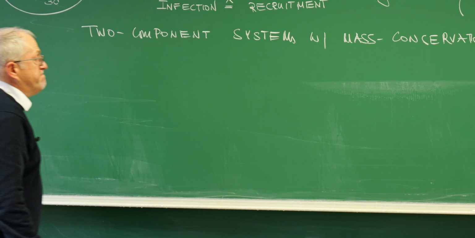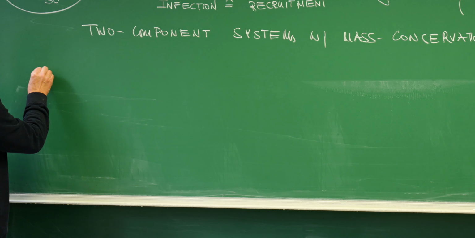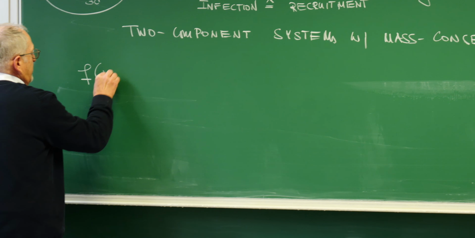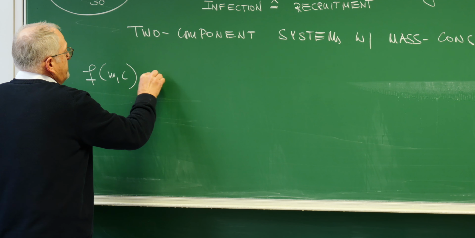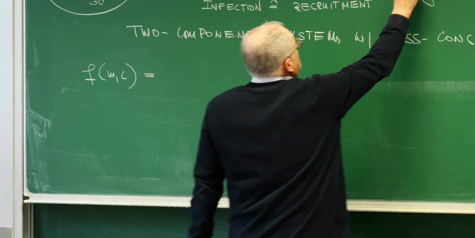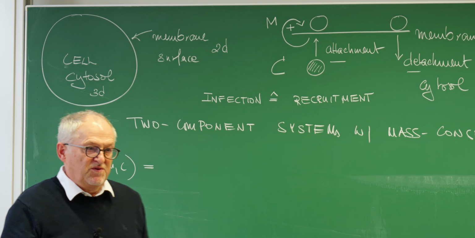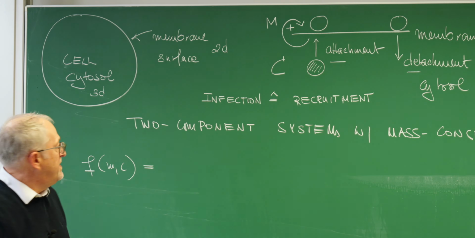Good. So let me first talk about this function f a bit more. So f of m and c has, as I explained it here, two characteristic parts. You shuffle things from the cytosol to the membrane and you get them back.